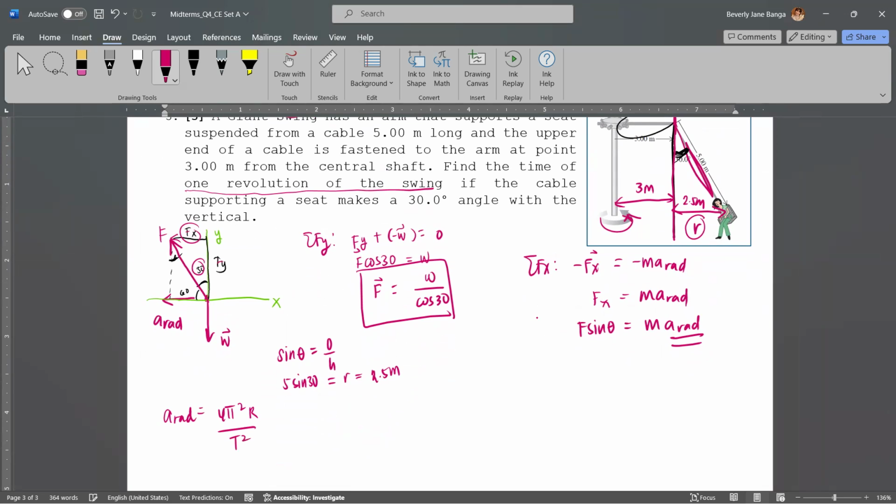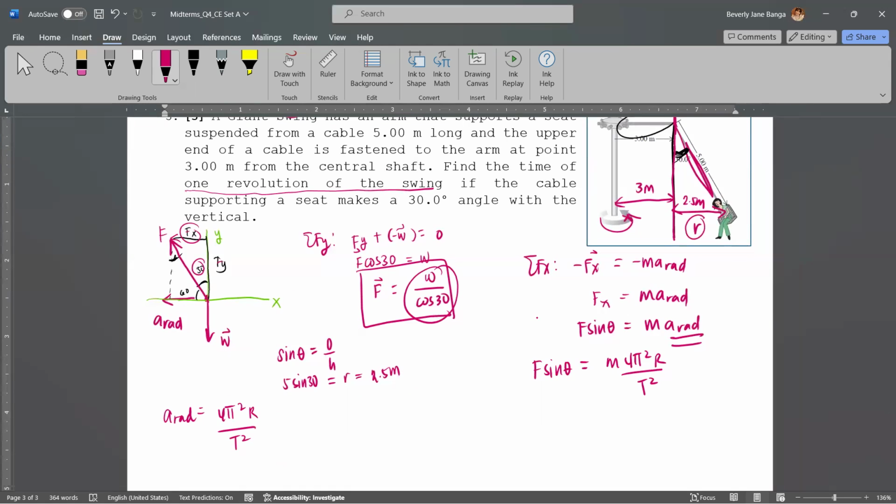We also need to find T, the period. So when I plug in the values, I have F sine theta is equal to M 4 pi squared R over T squared. And I know that F is simply this one.